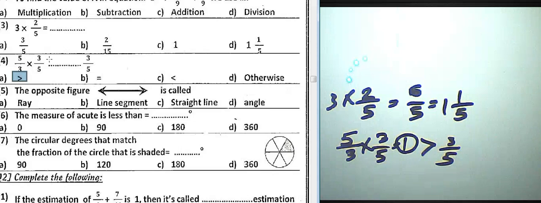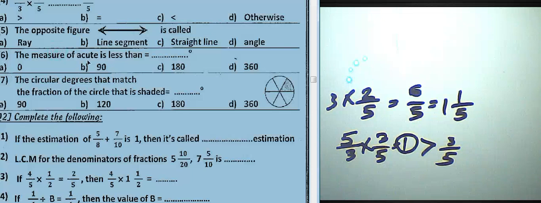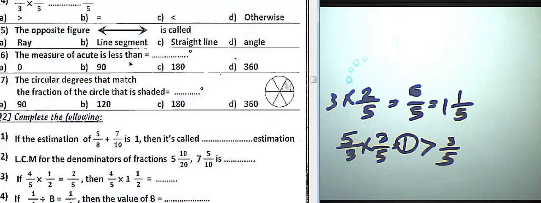The opposite figure here, what do we call it? Straight line. The measure of an acute angle is less than 90.